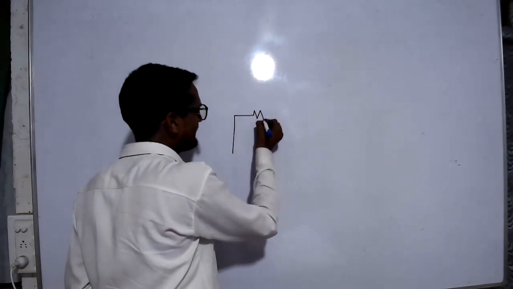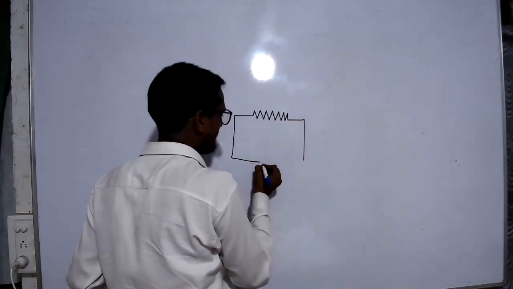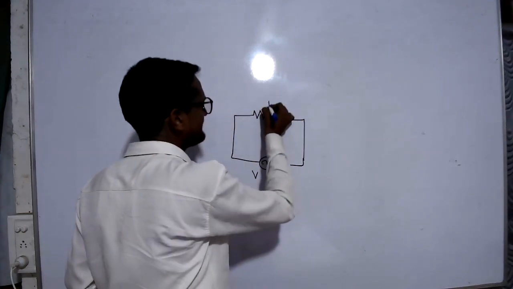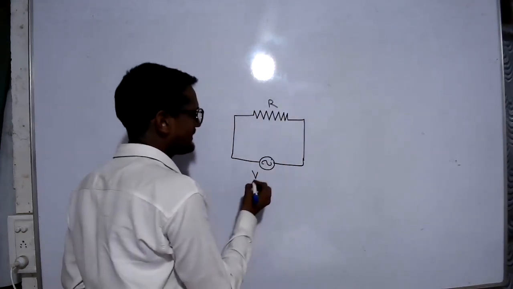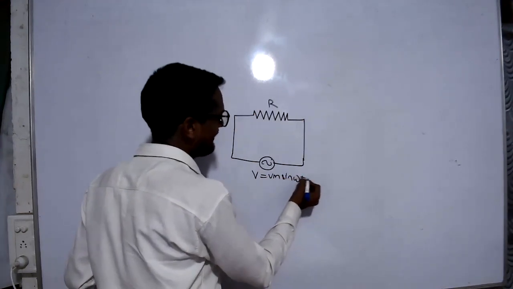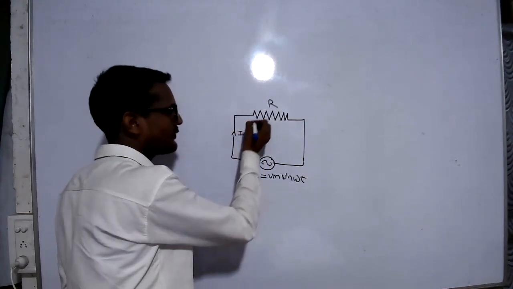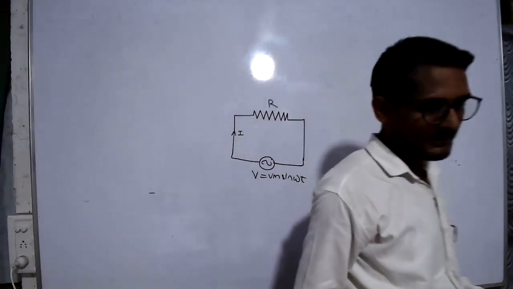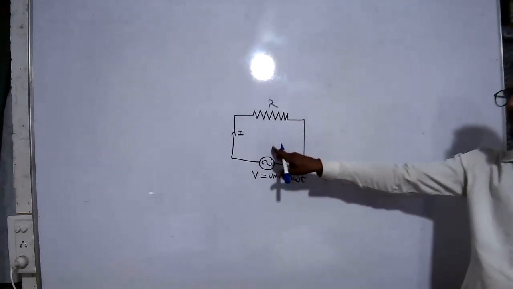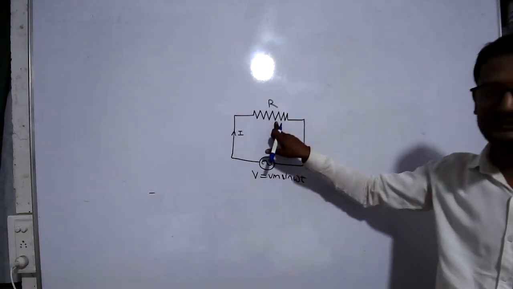Therefore, we draw here a single resistance R connected across a single phase AC supply V. The equation for the voltage is Vm sin omega t. If the supply is turned on, then current I starts flowing through the resistance.